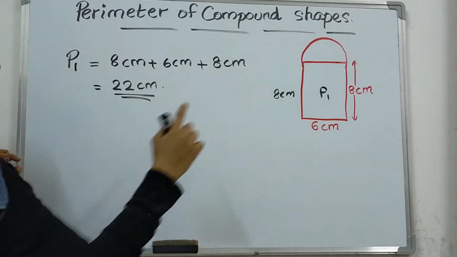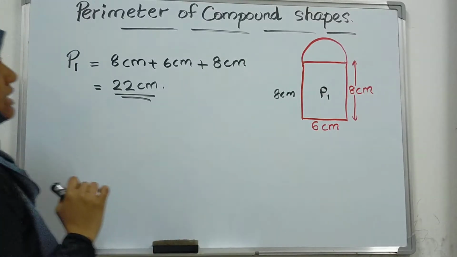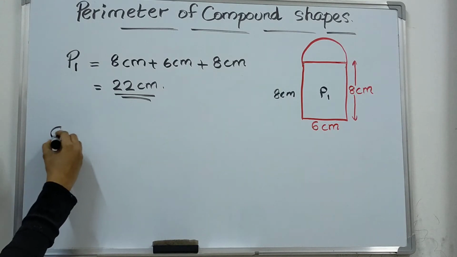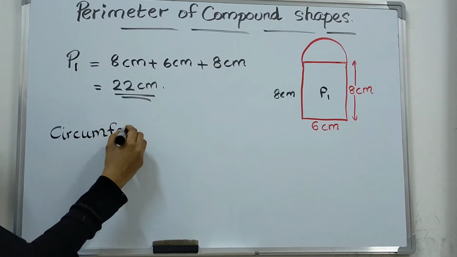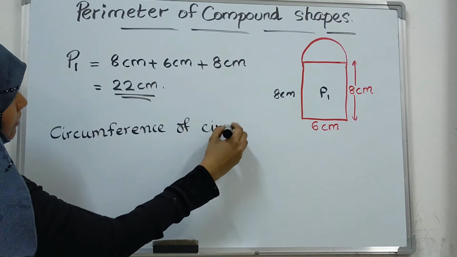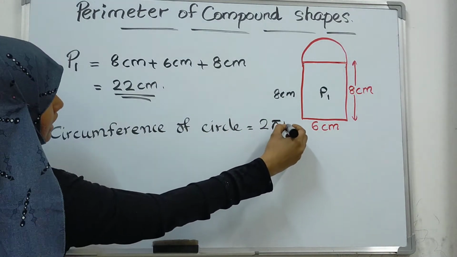Next we are going to find the perimeter of the second shape, which is the semicircle. What is the perimeter of the semicircle, or the circumference of the circle? We have learned the circumference of the circle formula, which is 2 pi r.